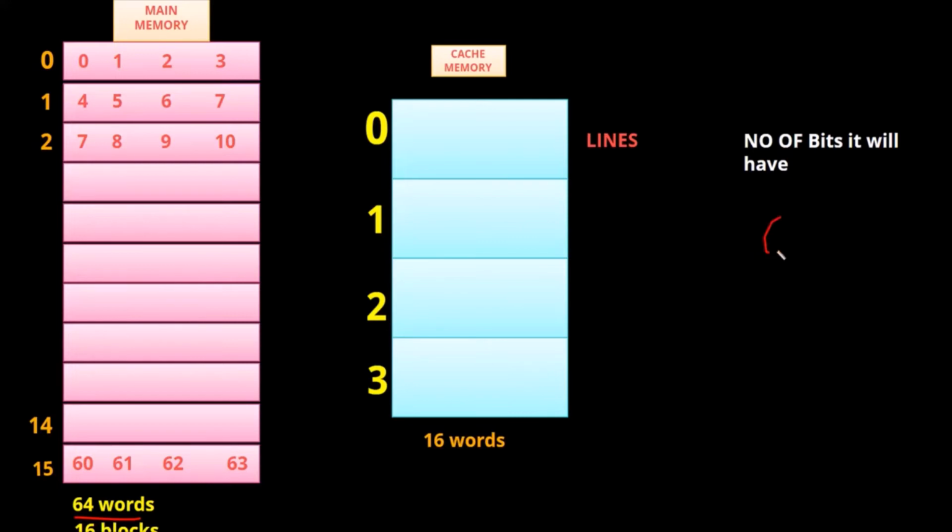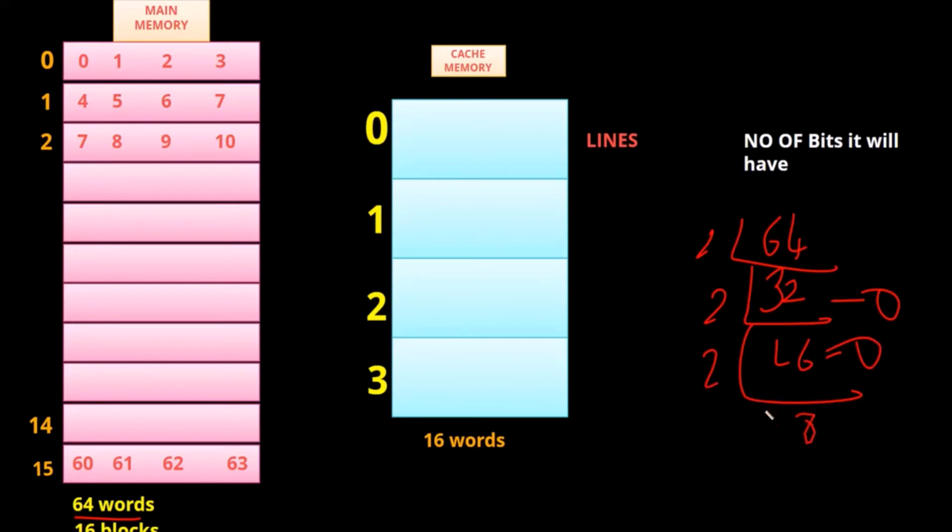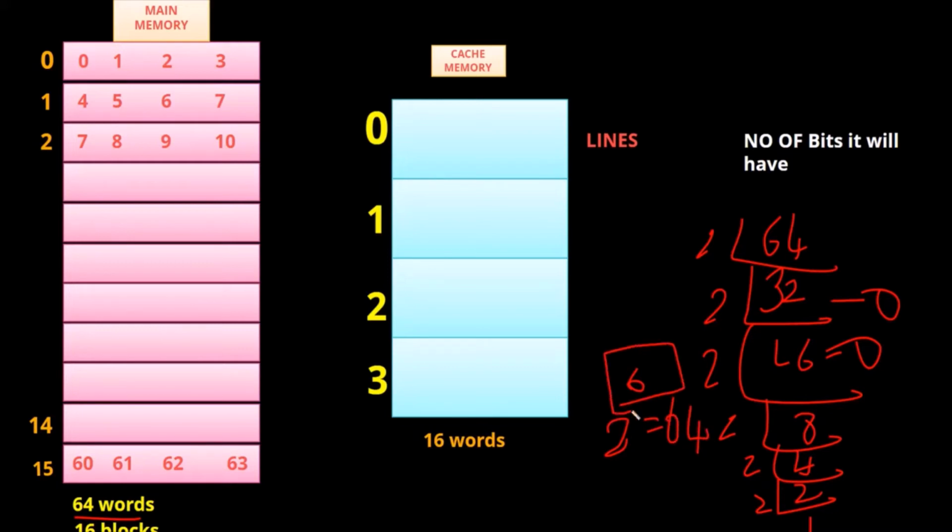To calculate, if we take 64, we have to do this long division. 2 3s are 6, 2 2s are 4, remainder 0. 2 1s are 2, 2 6s are 12, remainder 0. 2 8s are 16, 2 4s are 8, 2 2s are 4, 2 1s are 2. So 1, 2, 3, 4, 5, 6. So 2 power 6 equals 64. Okay, fine. So we need 6 bits. The CPU has to send 6 bits to fetch the data.